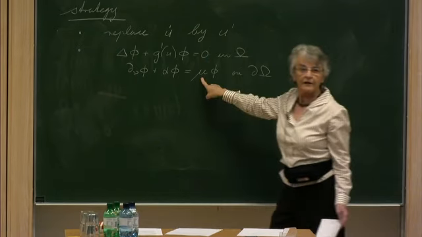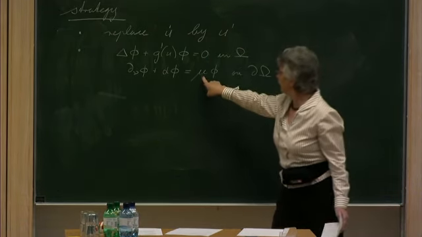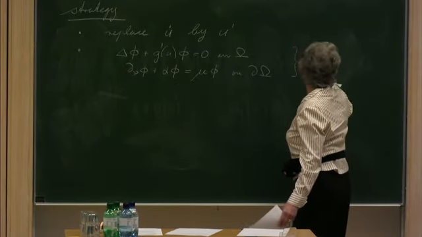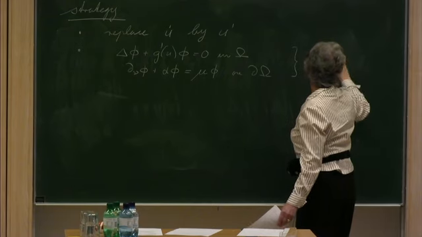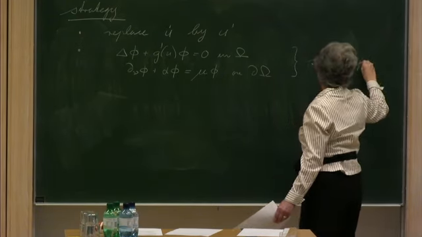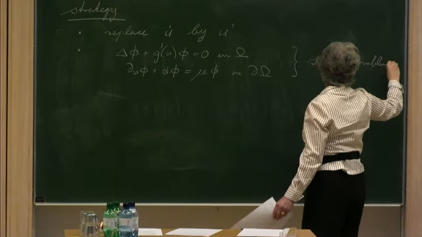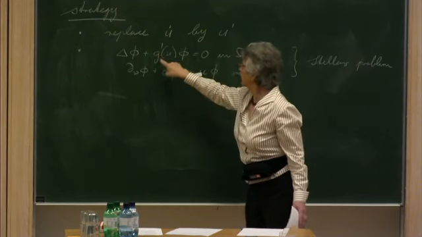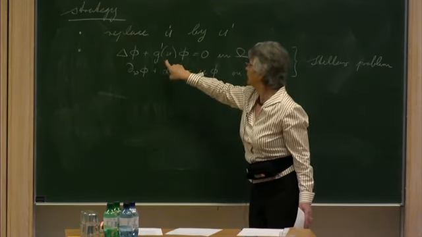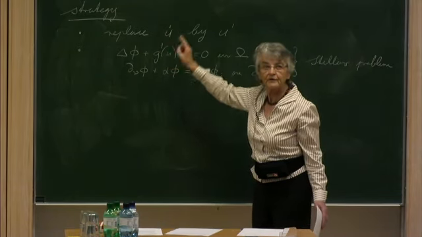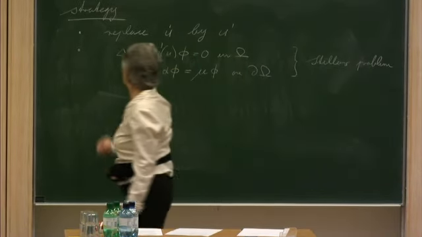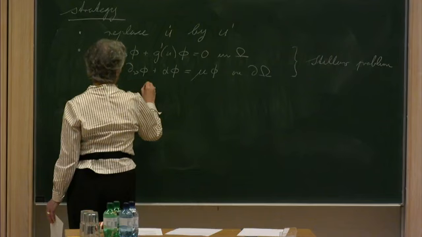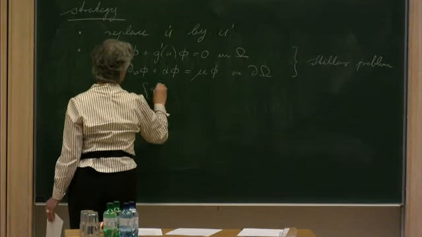This is an eigenvalue on the boundary, in general called a Steklov problem. Under suitable assumptions on g, g prime and u, if omega is bounded and regular, there exists an infinite number of eigenfunctions and eigenvalues.